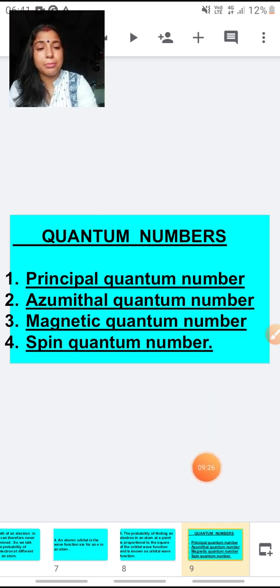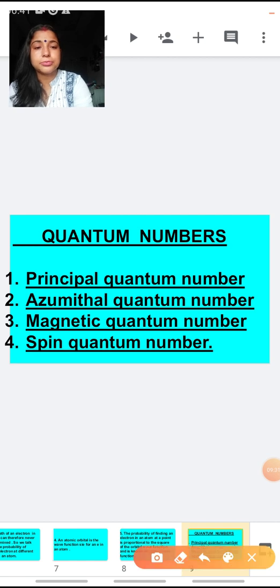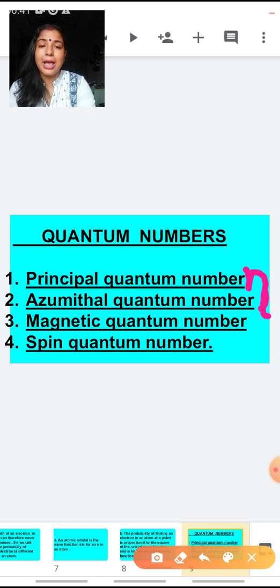The principal quantum number is denoted by small n. The azimuthal quantum number is denoted by small l.